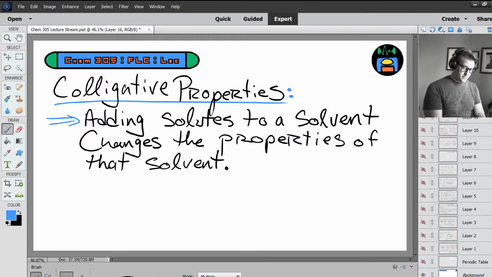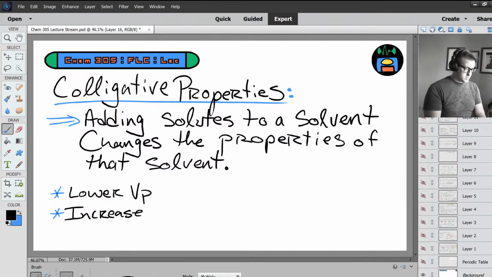For example, the presence of solutes lowers the vapor pressure. The presence of solutes increases the boiling point, and the presence of solutes in a solvent depresses or lowers the freezing point.